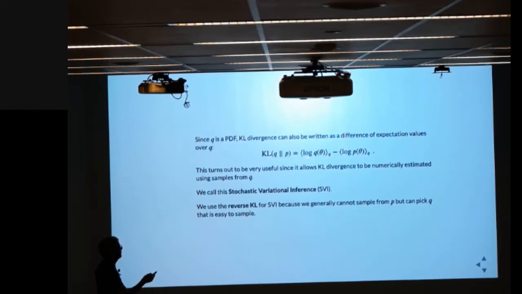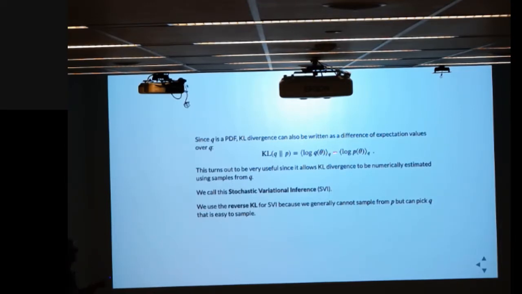And so it's an expectation of log Q using samples drawn from Q, minus an expectation of log P also using samples drawn from Q. So this form here is the key to doing this practically on a computer, because this lets us numerically estimate using samples from Q. And this approach, using this expectation form instead of the integral form, is what's known as stochastic variational inference, because the stochasticity is coming from the random numbers that we use to sample.